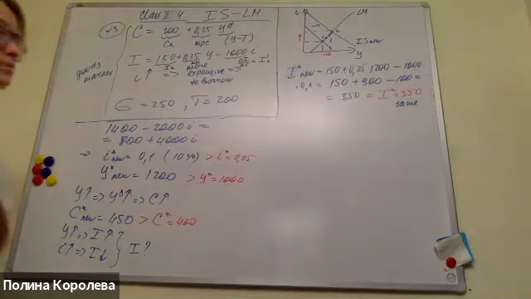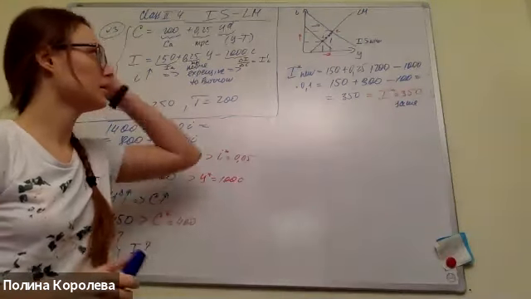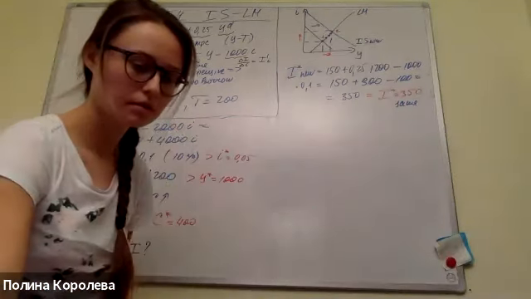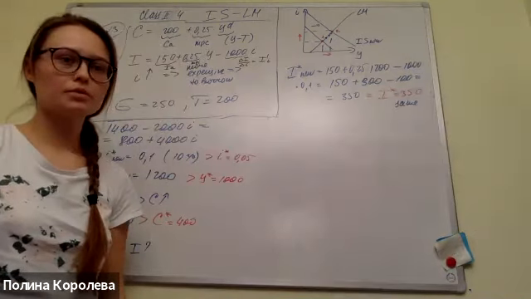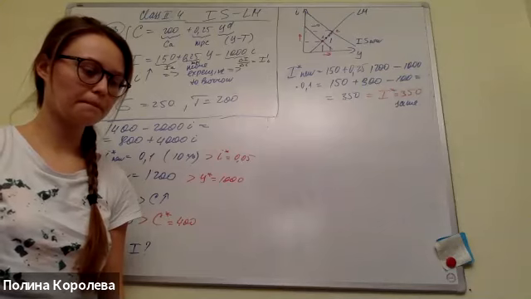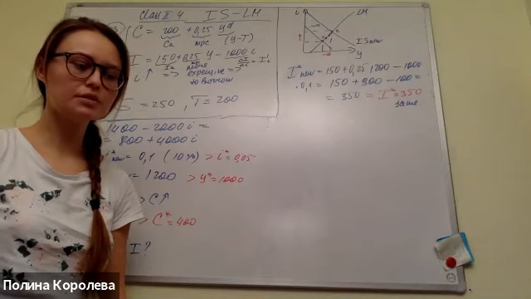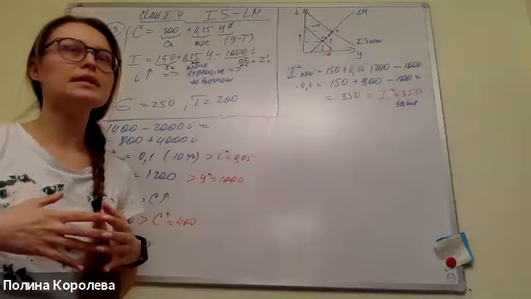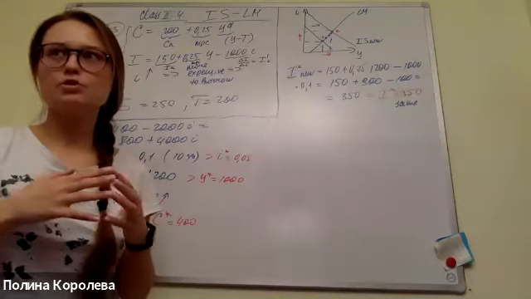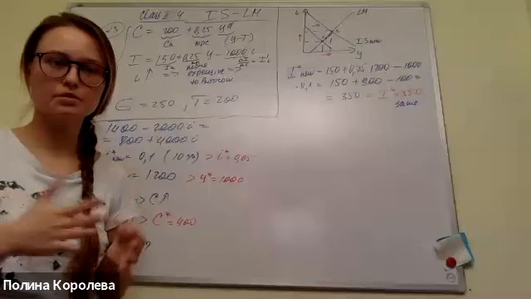Consumption increased and investment stays the same, and we can make conclusions. What conclusions can we make? For example, if in our country we need to stimulate the economy and investment activity, what should we do? Should we use monetary stimulating policy or fiscal policy?